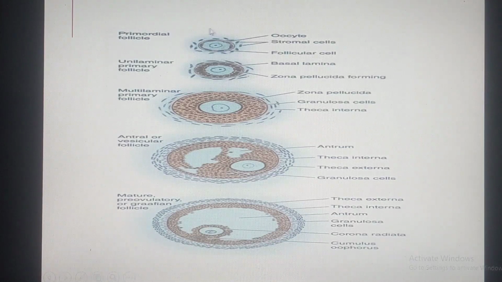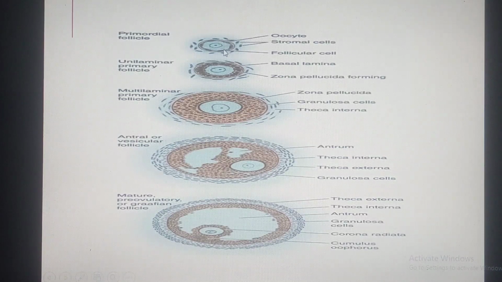And around it, it is going to lie in the connective tissue stroma of the ovary. So that is what we see over here.